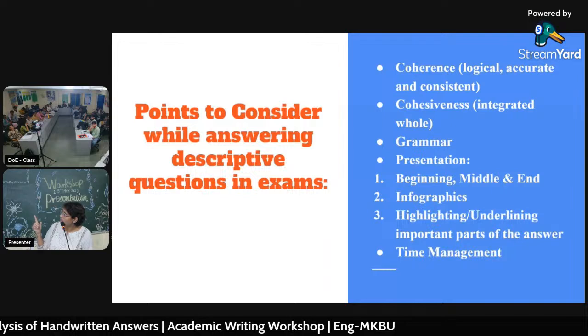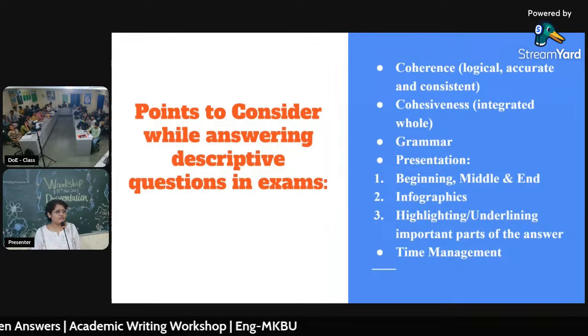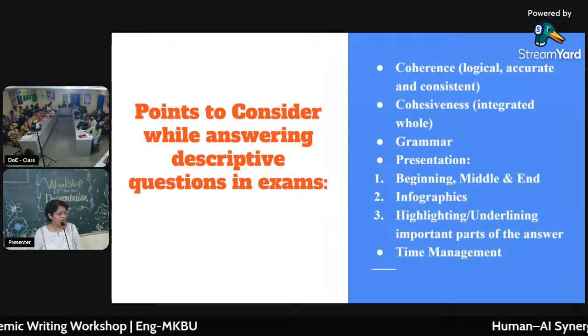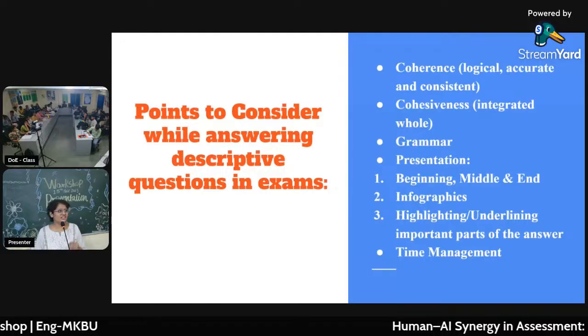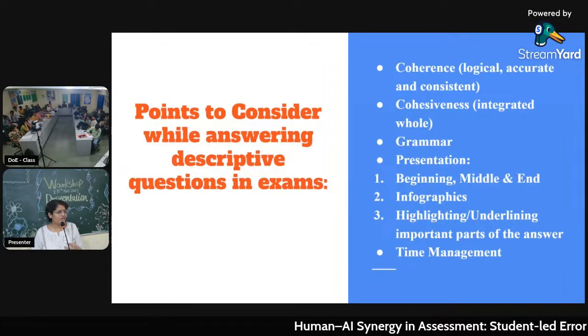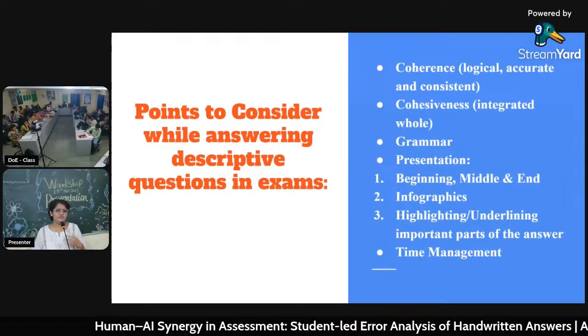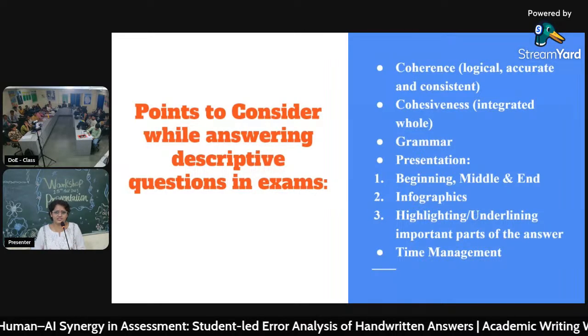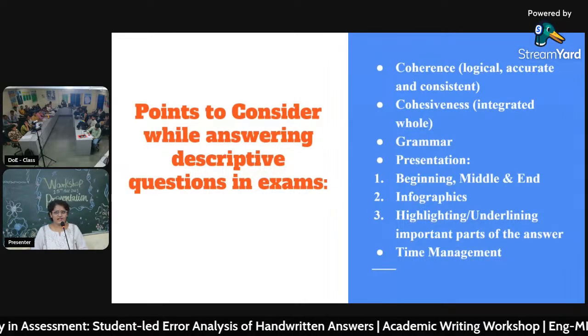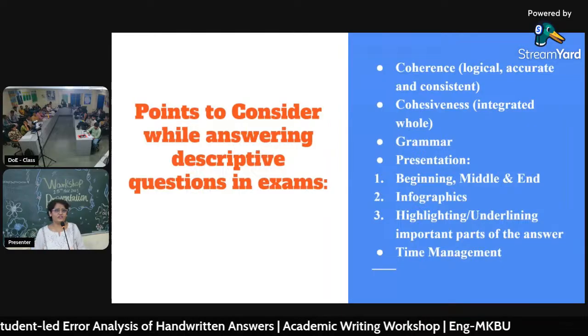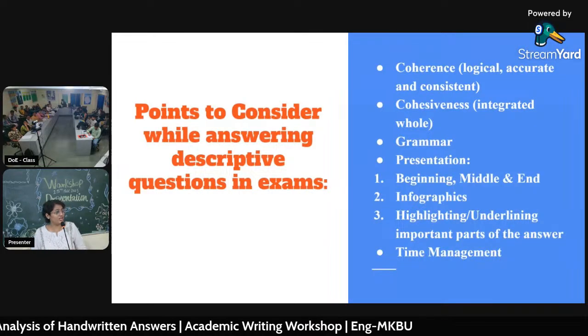So that is one. Cohesiveness is your answer reads as an integrated whole, right? So there isn't any misplaced point or irrelevant point in your answer, right? Many students have provided information which is not necessary for the question, right? So then irrelevant or too much exaggeration of the good aspects of a poet.